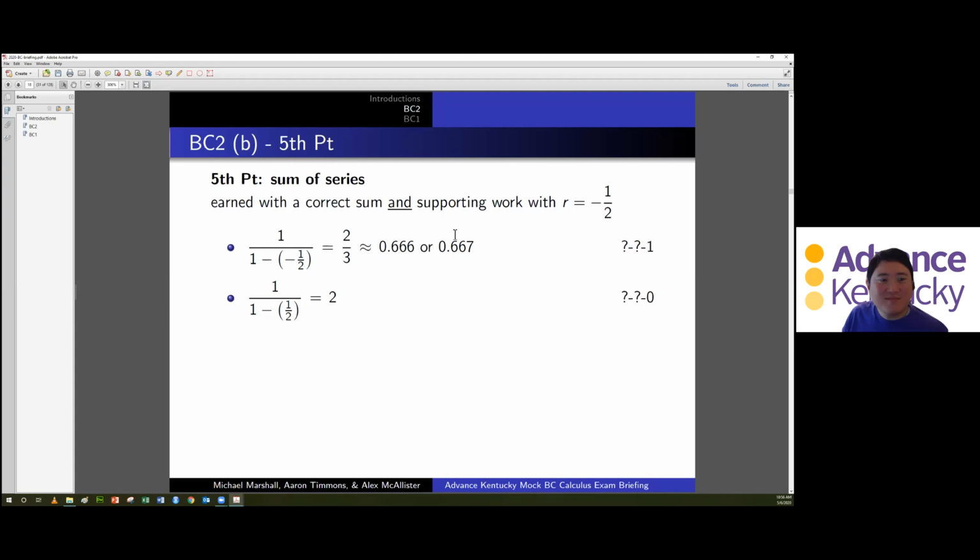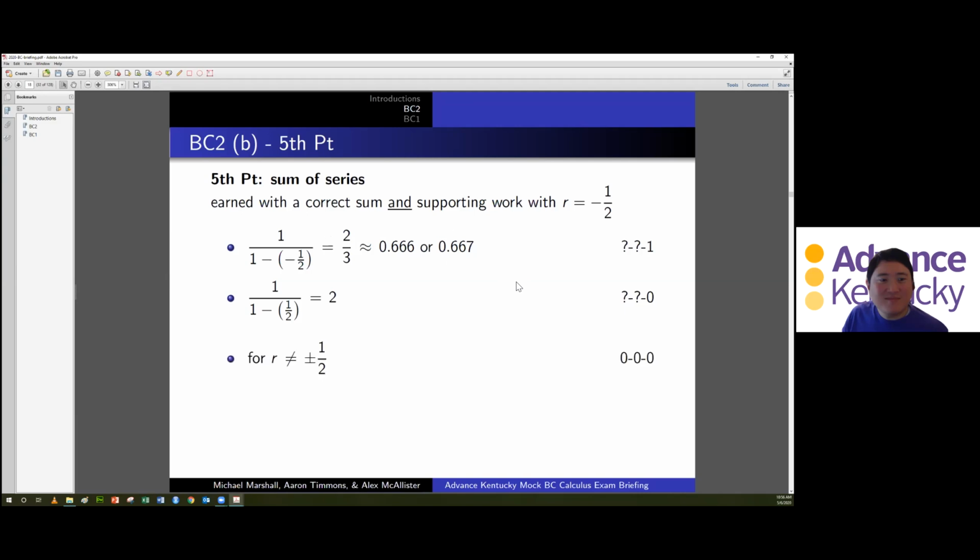I'll say more about decimals in a minute, but in this case it's 3 places we're looking for, either rounded or truncated. So they can present the 0.666 or the 0.667 and still earn that fifth point, right? You don't have to do any of these, but any of these is acceptable in the presence of supporting work, okay? You have to have that version of first term over 1 minus r.